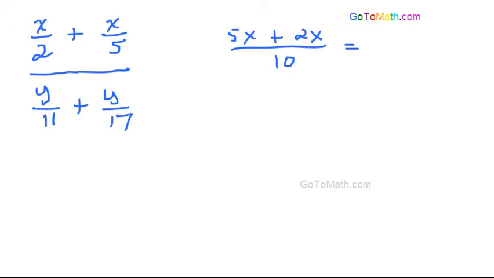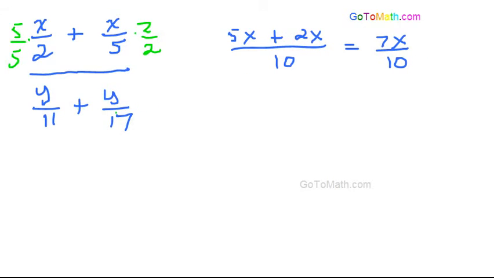5, 6, 7, x over 10. See that? So remember, if you forgot, we'd write a 5 over 5 here, and then a 2 over 2 here. And 2 times 5 is 10. Then we'd have 10, 5x, 2x, and so forth. Okay.